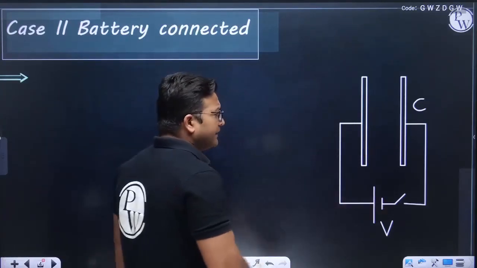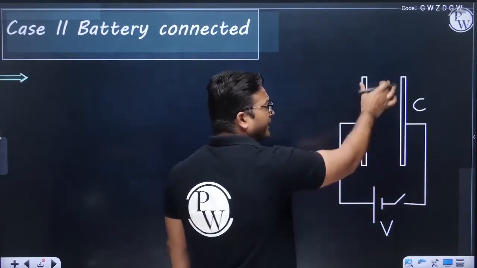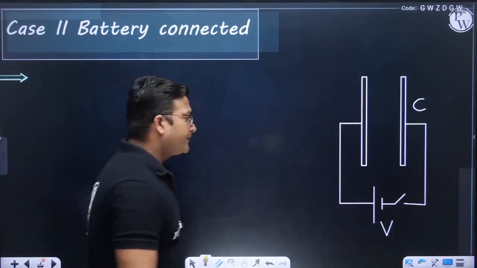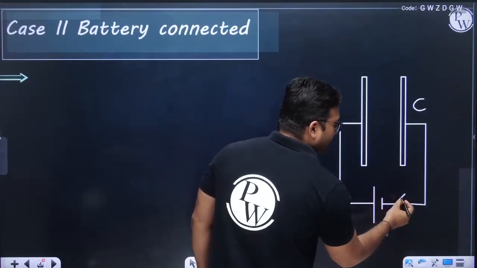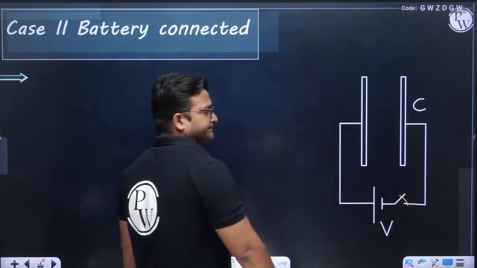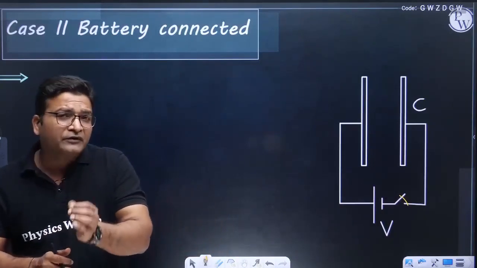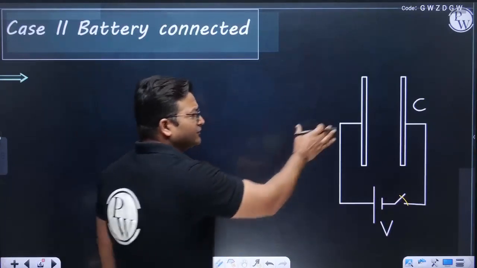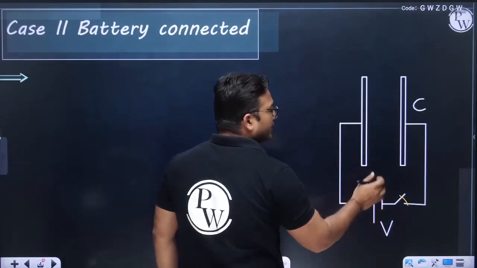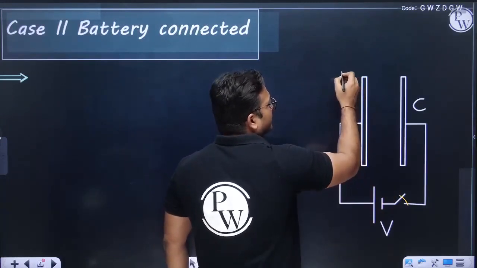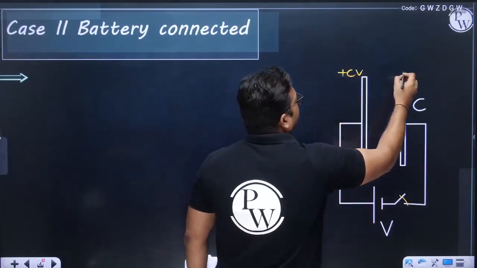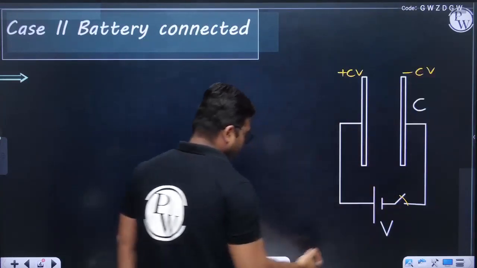Initially the capacitor has air between the plates. If this switch is closed, within a few nanoseconds the capacitor is completely charged, and the charge on the capacitor becomes plus CV and minus CV. I think you know this already.